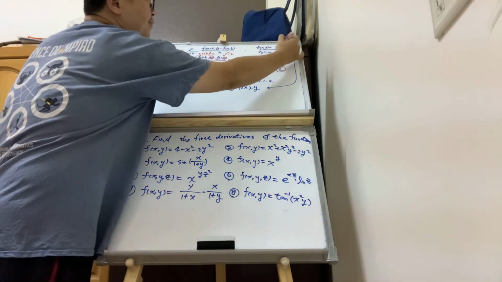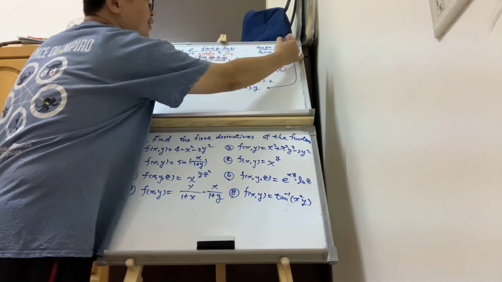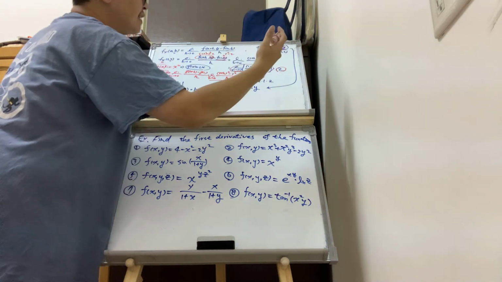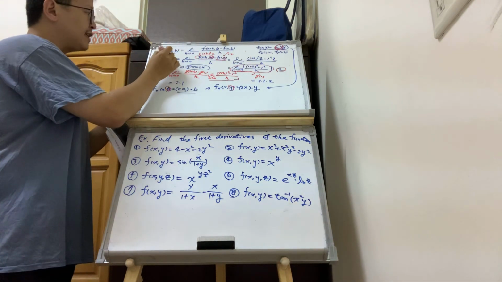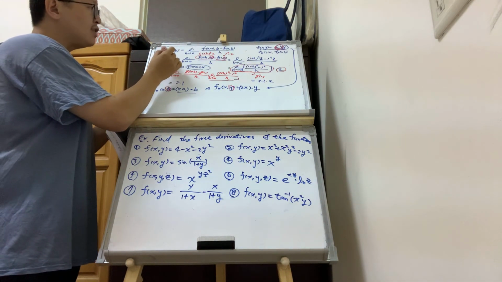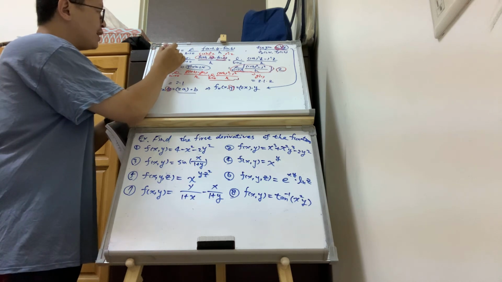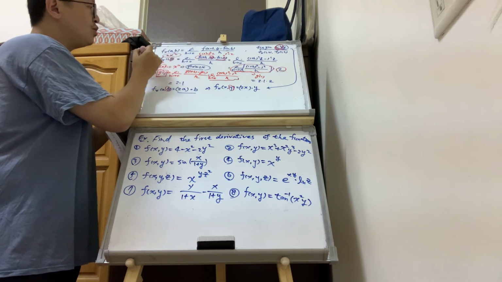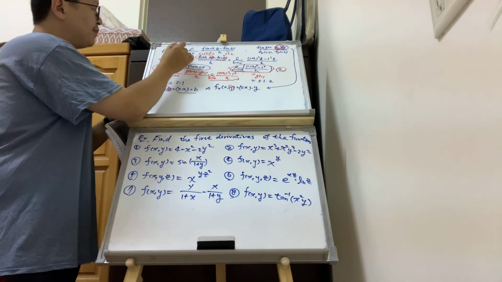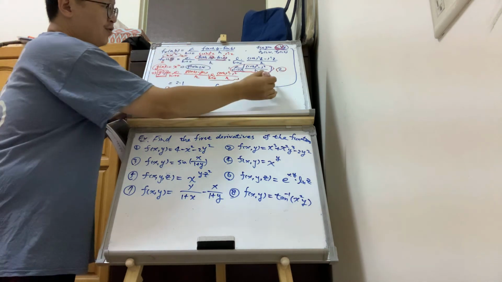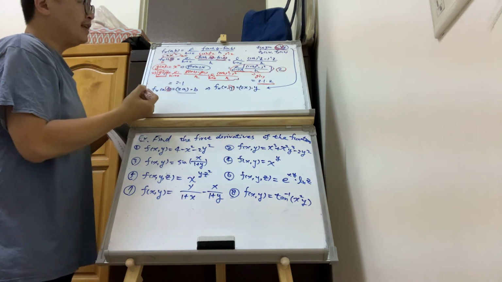So you could view y as a constant. For example, in this case it's the constant 2. So you could view it as 2x squared. Its derivative is 4x, and applying the value 1, you will get 4. Right?